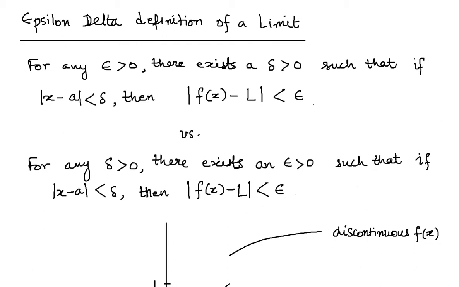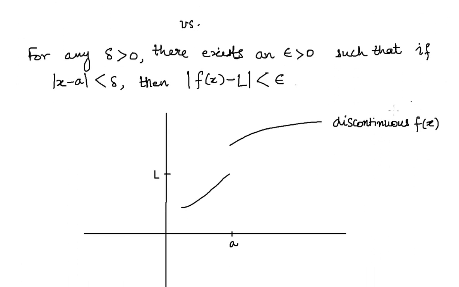Okay, so perhaps the reason is that only this definition excludes the possibility of a discontinuous function f of x being taken as a continuous function, right, because the discontinuous function f of x as shown here should not have a limit at the point a here.